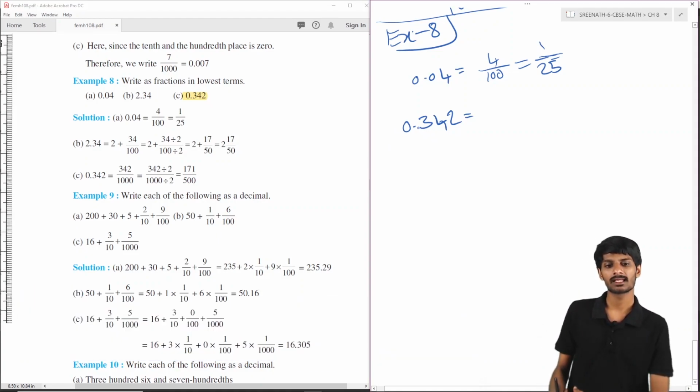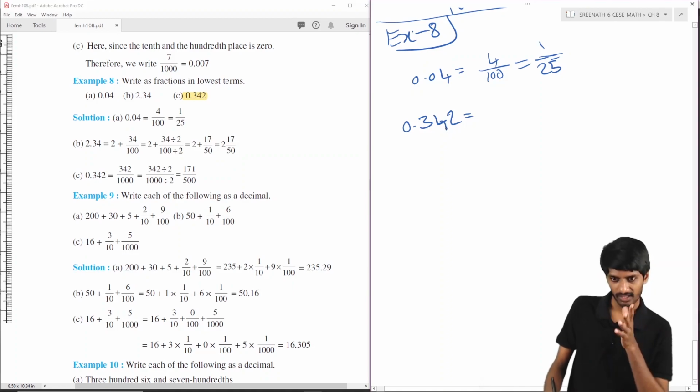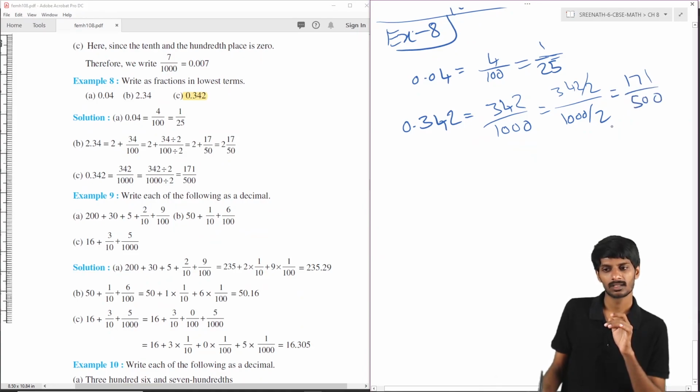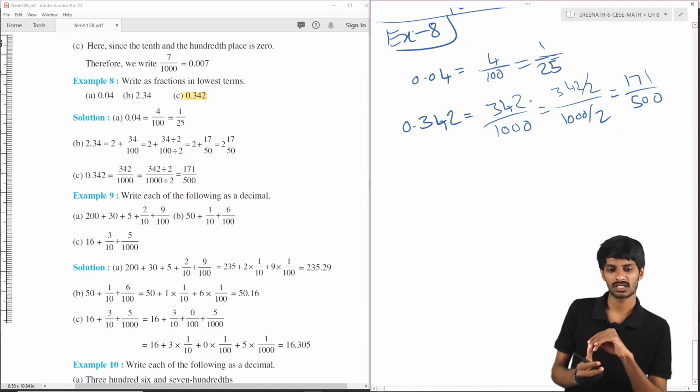How many thousandths does it have? That is 342 thousandths. So that is 342/1000. If you divide 342 and 1000 by 2, you will get 171/500. It is simple, students.